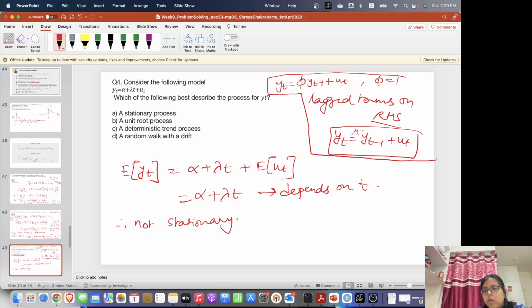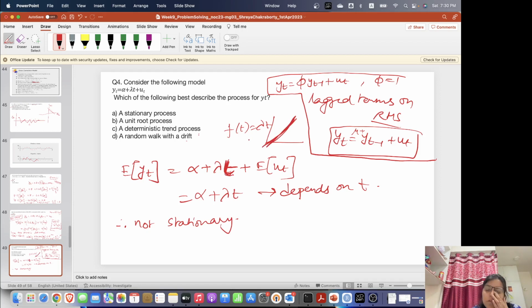so with drift would mean mu plus something. Okay, so this is not a random walk with drift, it is not a unit root process, but it is a deterministic trend process. Why? Because we have ft equal to lambda t. So if we have a trend equation like this, it is deterministic.